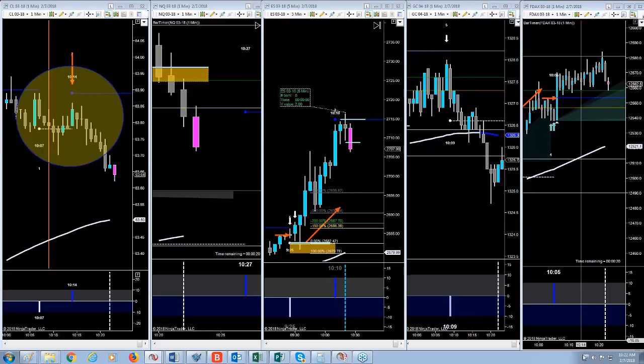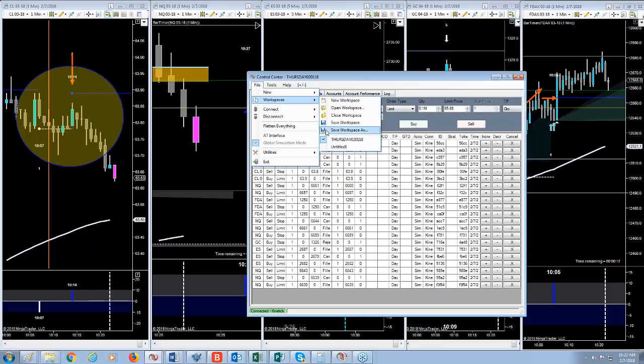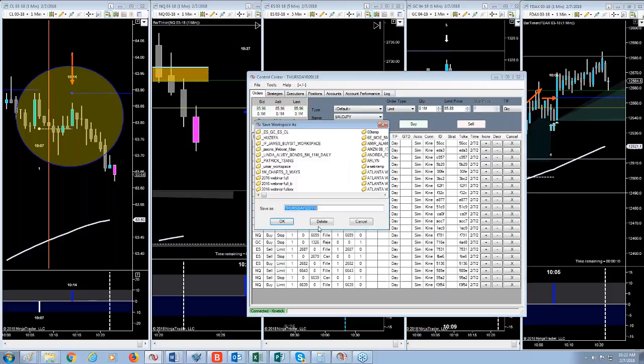All right, so we're going to save this workspace with today's date, the 7th, 0207. File, workspace, save workspace as. We're in the garage. 020718. Okay.